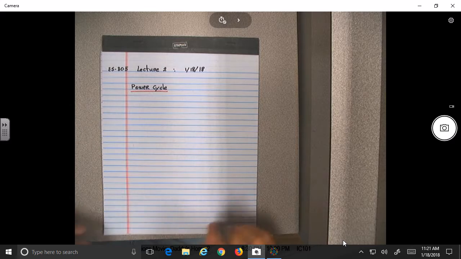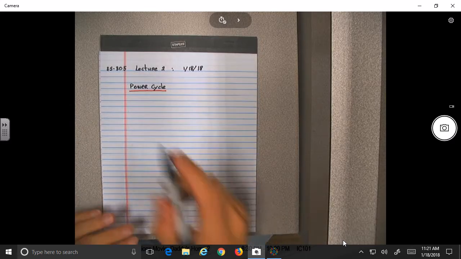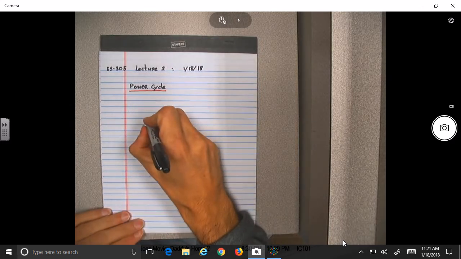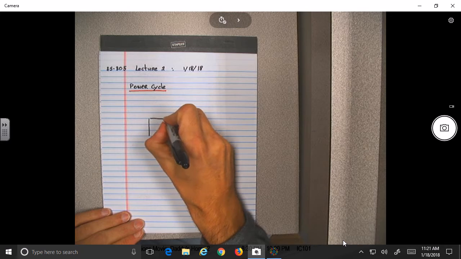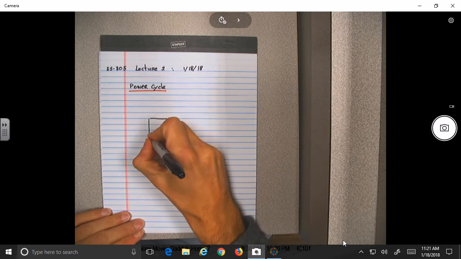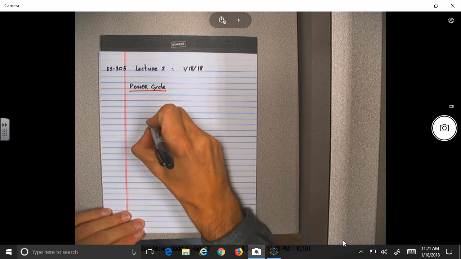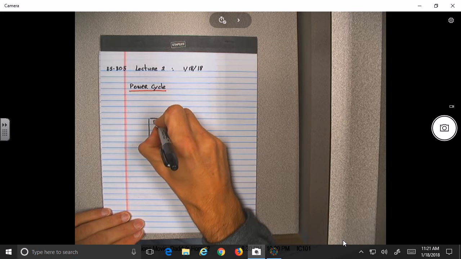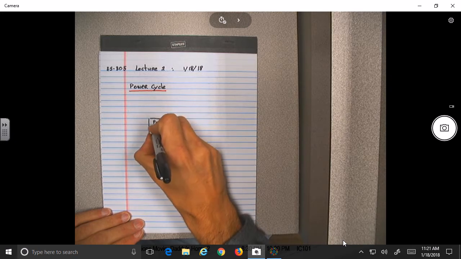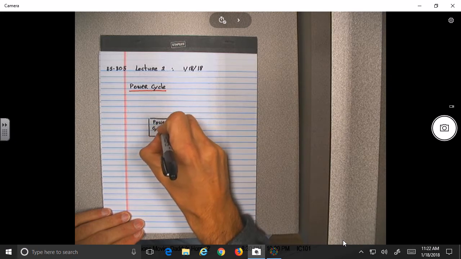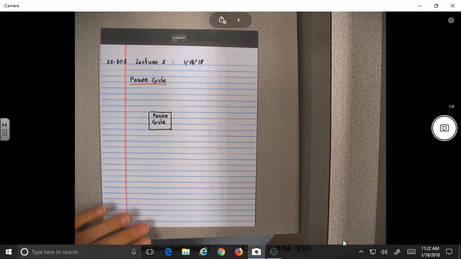All right. So over here, generally the sketches you will have is that, let's say, this box over here is your power cycle. Okay, think about your steam engine. All right?